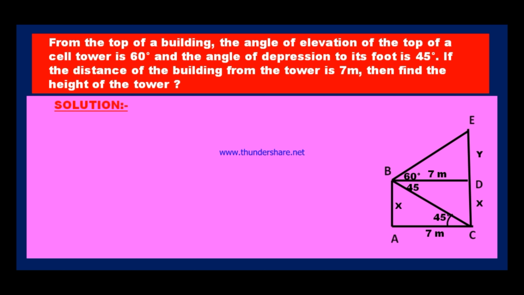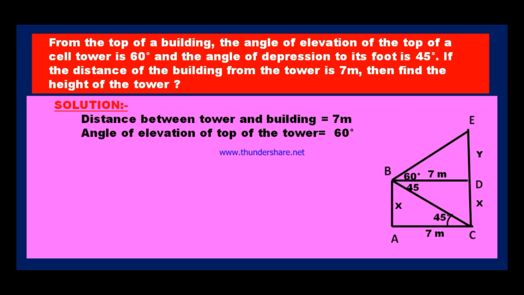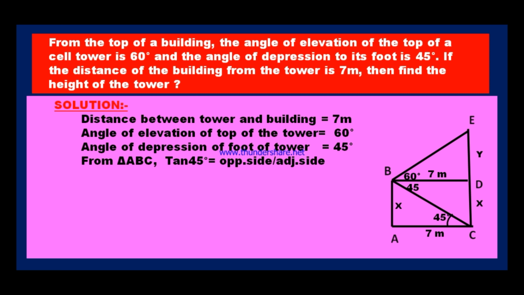Here is the solution. In this solution, let us write what is given. The first point is the distance between the tower and the building is 7 meters. Next, the angle of elevation of the top of the tower is 60 degrees. The angle of depression to the foot of the tower is 45 degrees. From triangle ABC, angle C is 45 degrees.